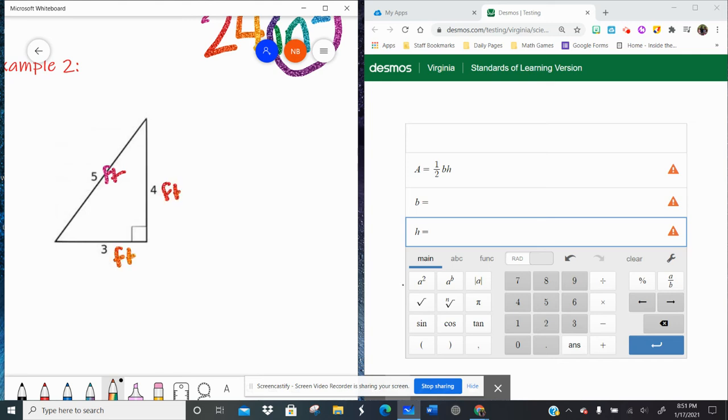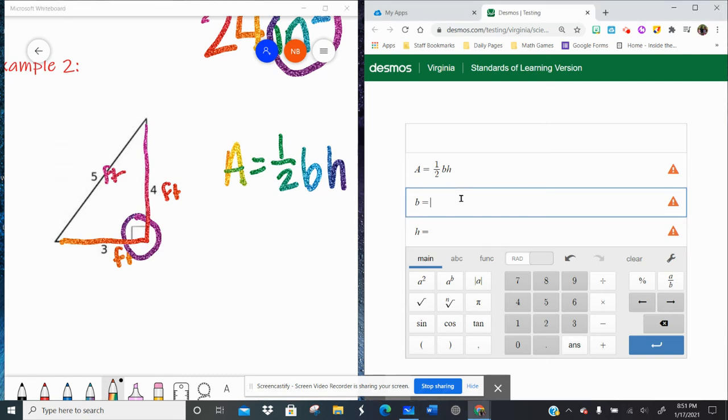Again, we're going to start with that formula. Area equals 1/2 BH if we're finding the area of this triangle. And again, I'm looking for that 90-degree angle and the two lines that meet to form that 90-degree angle. And to be honest, it doesn't really matter which one you put in for the base and which one you put in for the height, as long as it's one of the ones that make that 90-degree angle.